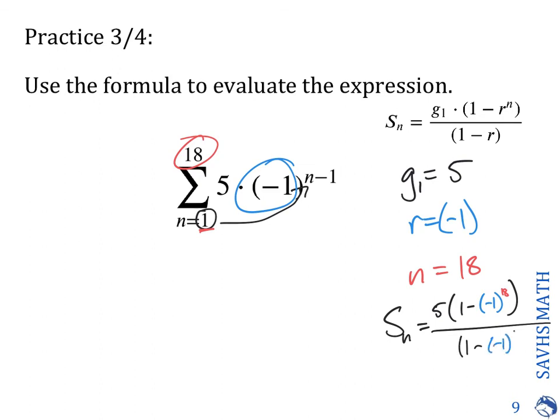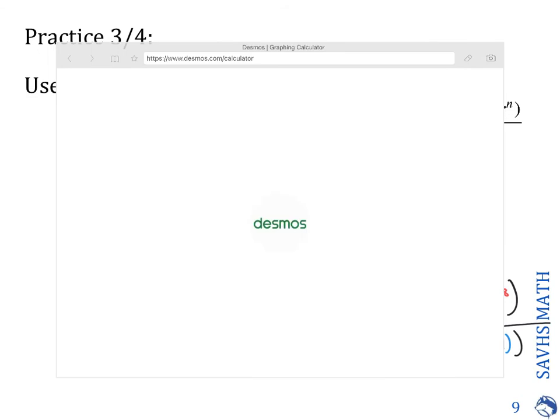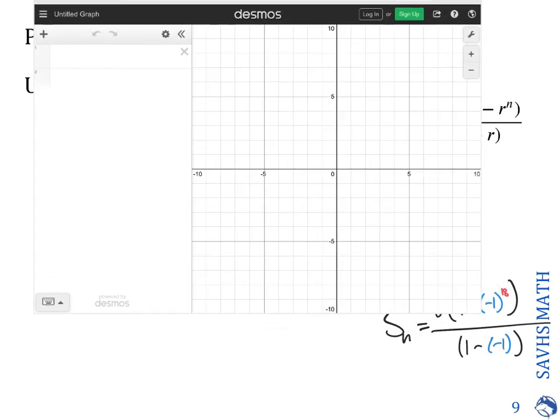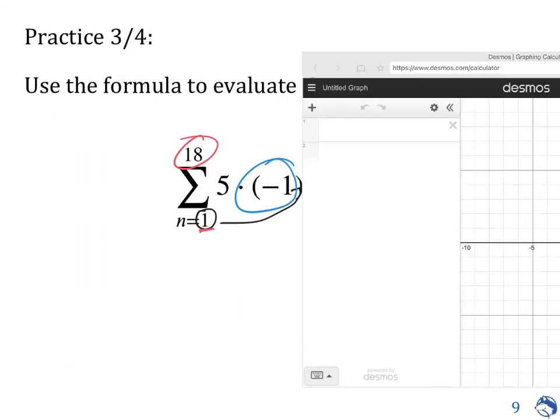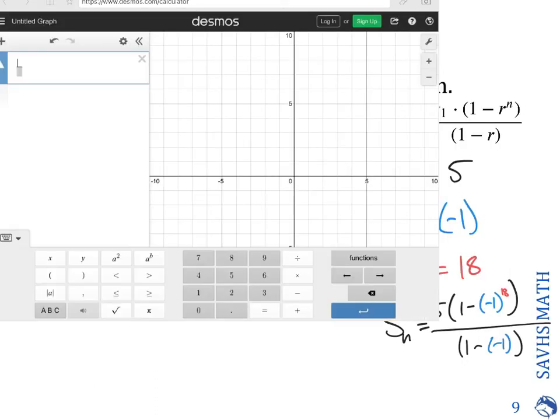Because the R is negative, this is going to be a little bit tricky to put into our calculator, but we'll do it. Let's see. 5 times 1 minus parentheses negative 1 to the 18th, divided by 1 minus negative 1.